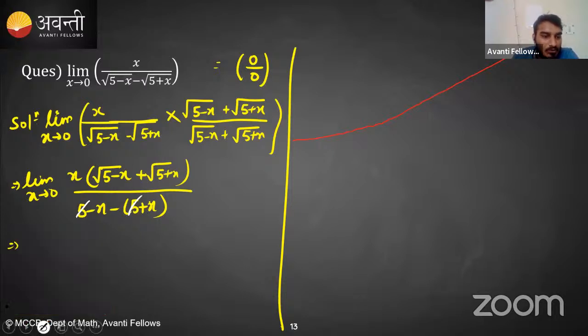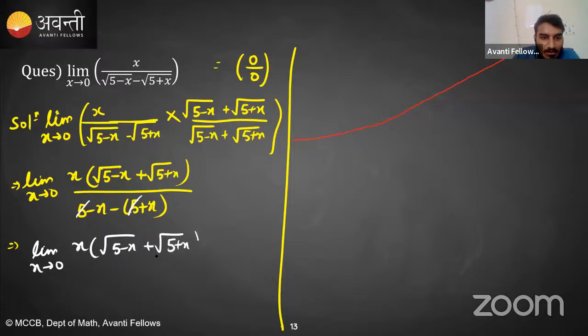Right? It can be written as limit x tends to 0, x into root 5 minus x plus root 5 plus x divided by minus 2x. So this x and this x cancel out. Now see, minus half is a constant multiplied with the function, so we can take the minus half outside.